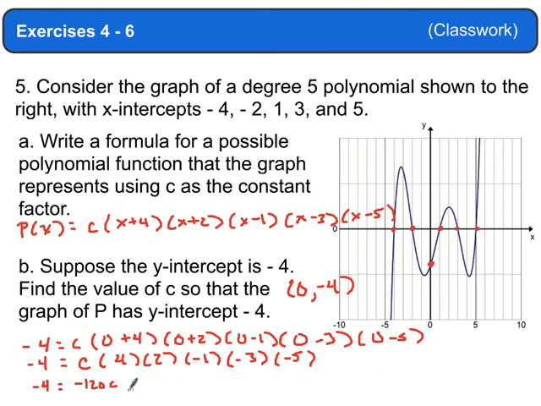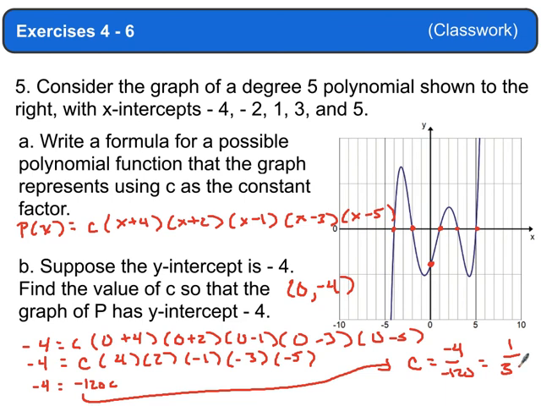That means c is going to equal -4 over -120, which ends up being 1 over 30. So that would be the value of c.